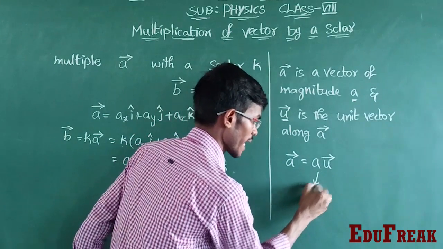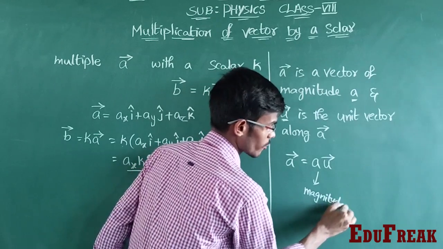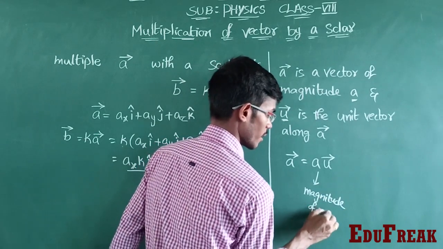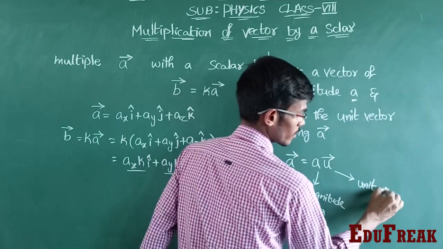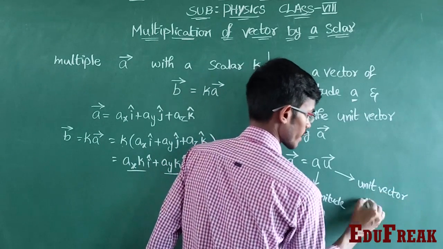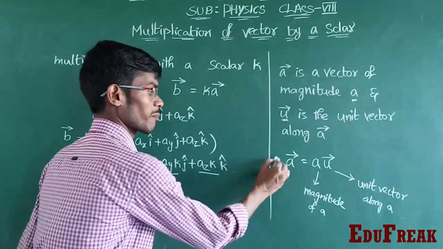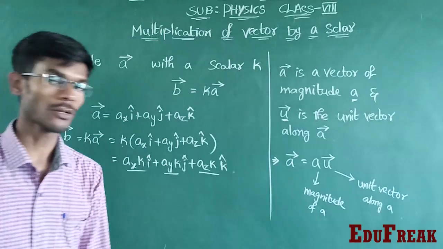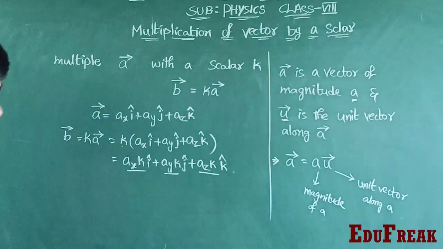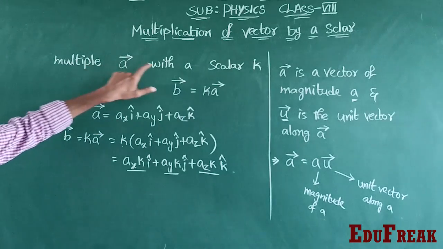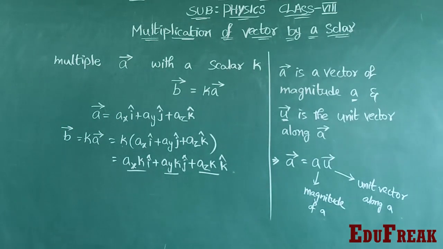Here a is the magnitude and u bar is the unit vector along a. So the vector representation is a bar equals a into u bar. This is about multiplication of a vector a bar with scalar k.